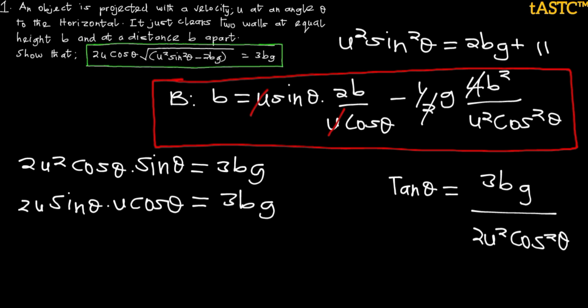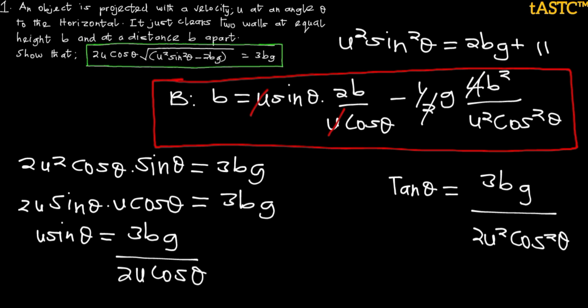Now I'm going to take this with this. That is 2u cosine theta, and I'm going to divide through by that. So that will leave me with u sine theta on the left hand side, and here I'm going to have 3bg. That will be divided by 2u cosine theta. That is what I'm going to have there.